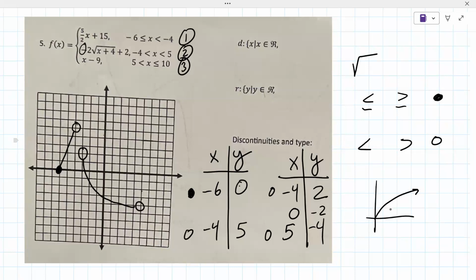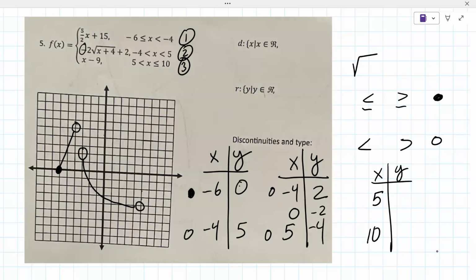All right. Now there's a third interval here. 5 and 10. Could you put those into the third piece and tell me what you come up with? Okay.